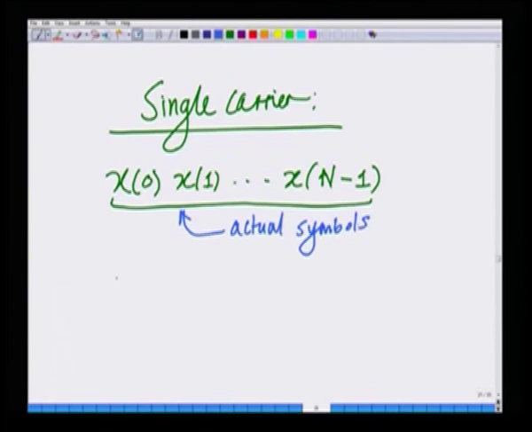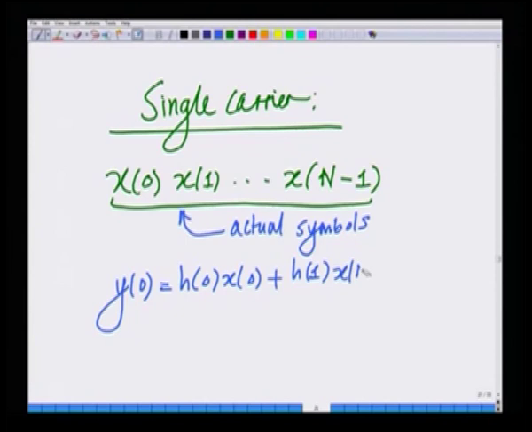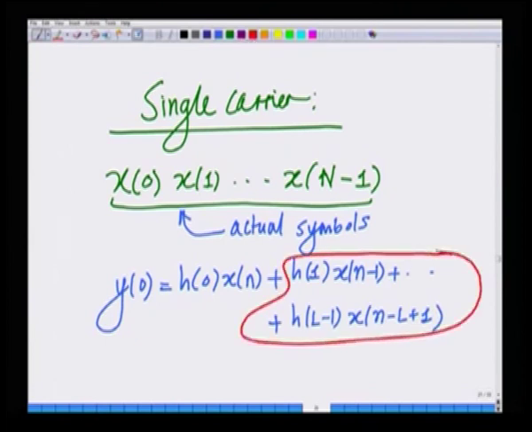Now, if I look at the reception at the receiver, that is y0 equals h0 x0 plus h1 x of, or let me look at it at symbol n, xn plus hn x minus 1 plus hl minus 1 x n minus l plus 1, and you can see all these symbols experience inter-symbol interference, and there is heavy inter-symbol interference.